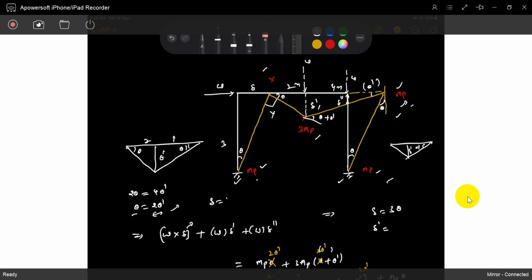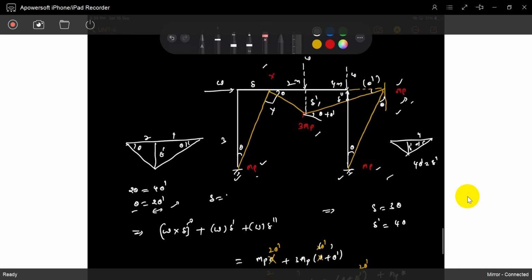So this is 4 theta dash. And this is delta double dash, which is equal to 2 theta dash.